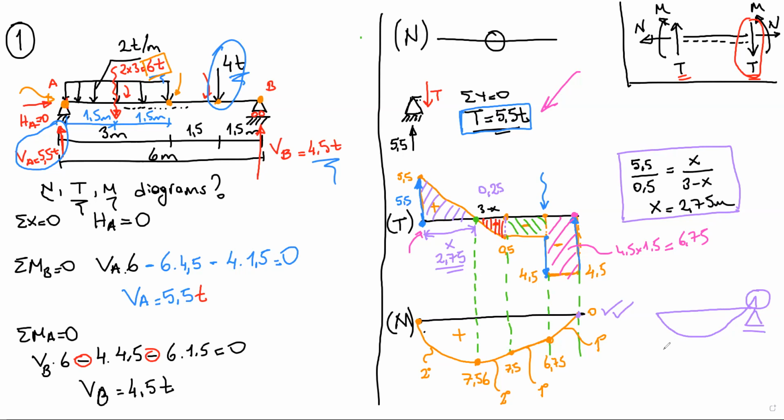Don't forget this one. This is a self-check for you. Sometimes you make some mistakes while you are doing your calculations. You can press a wrong button on your calculator, so at the end you can get a wrong result. If you get this type of moment at the end, for example, for the roller support or pin support, that means you have to check your calculations one more time. Okay. This is a kind of self-check for you.